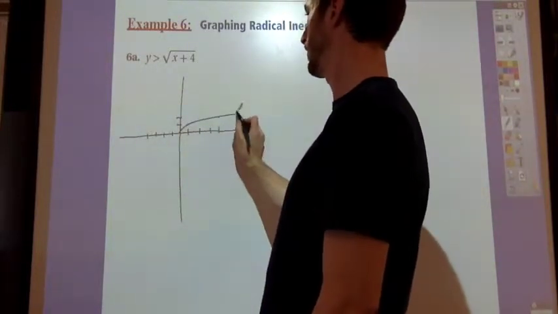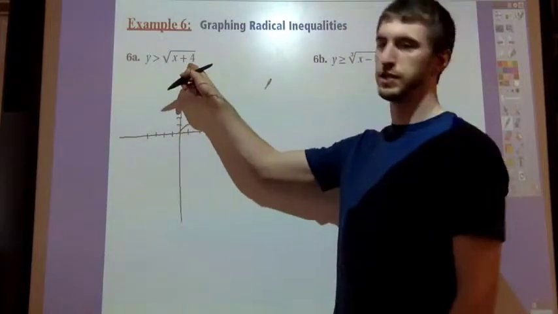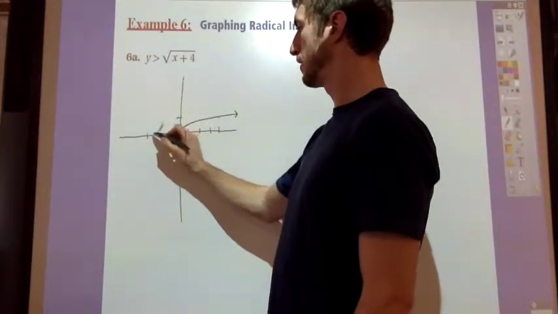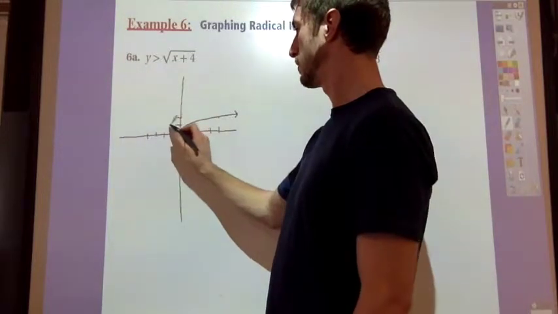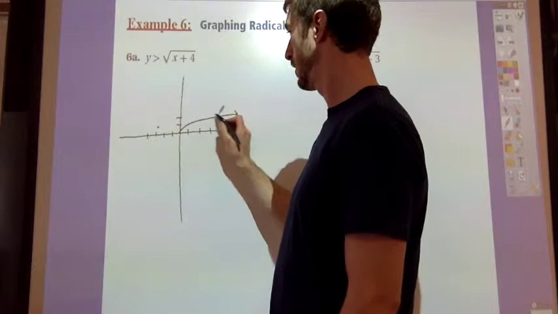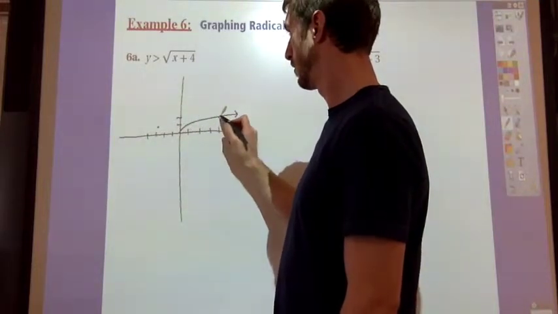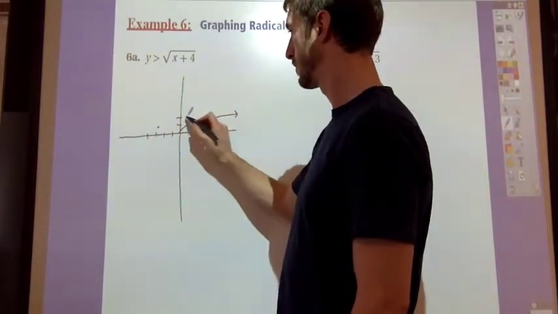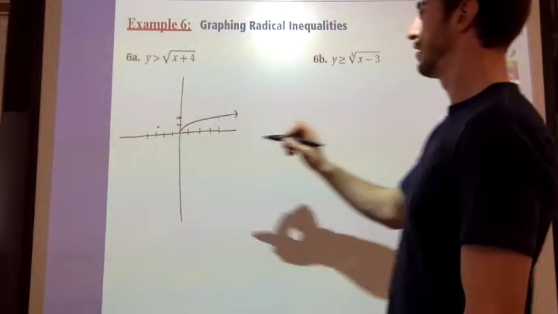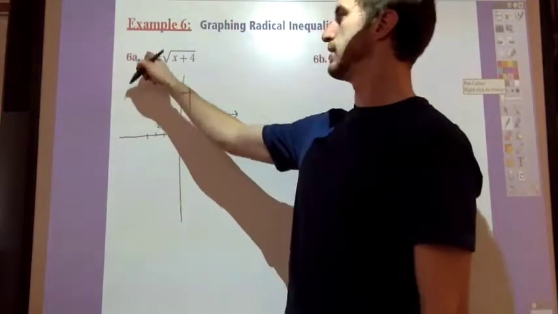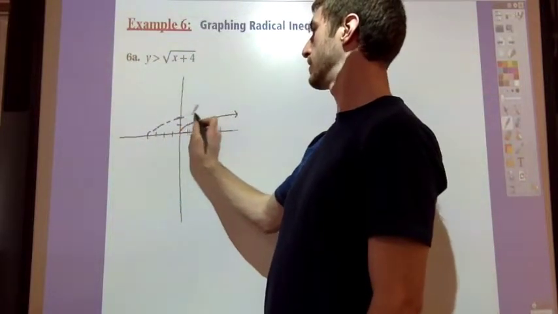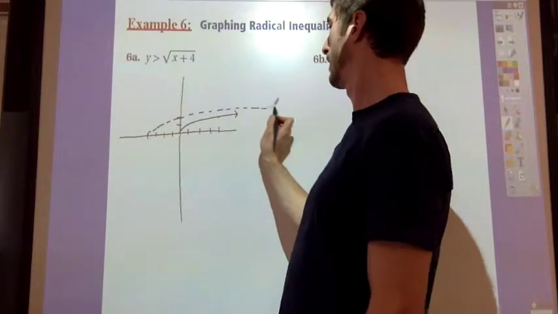So that's my parent function, and then I have to shift it to the left 4. So we've got 1, 2, 3, 4. 1, 2, 3, 4. 1, 2, 3, 4. And it is not inclusive, so we'll go ahead and draw this as a dotted line.